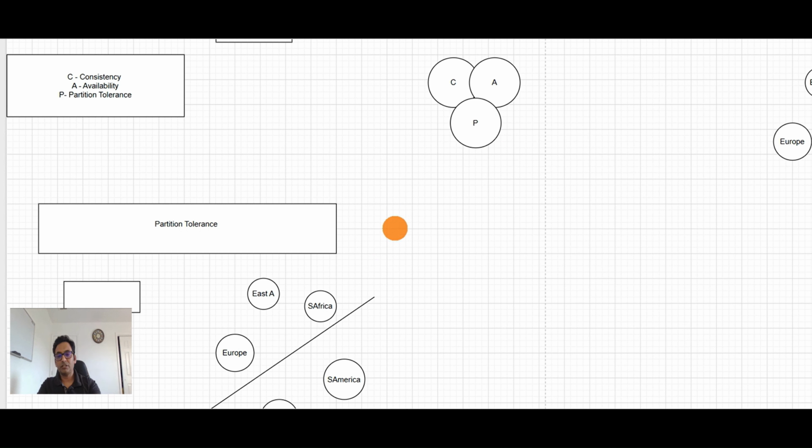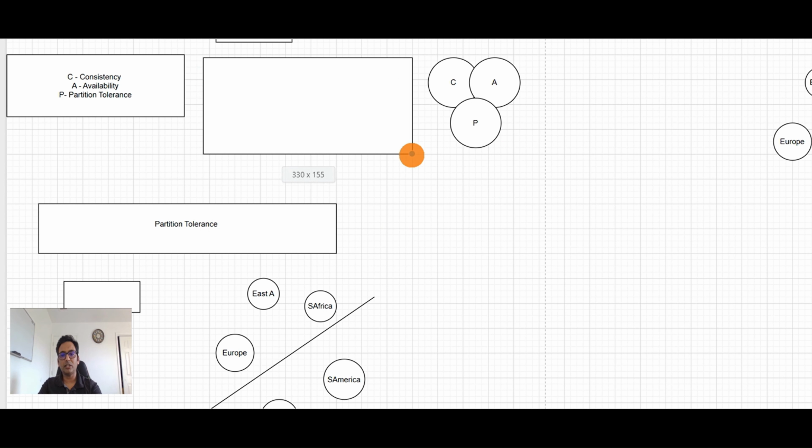So what the CAP theorem says is that for any design, we have to sacrifice one out of these three options. Which means in any system design, you can have either CA or CP or AP. You cannot have all three together.